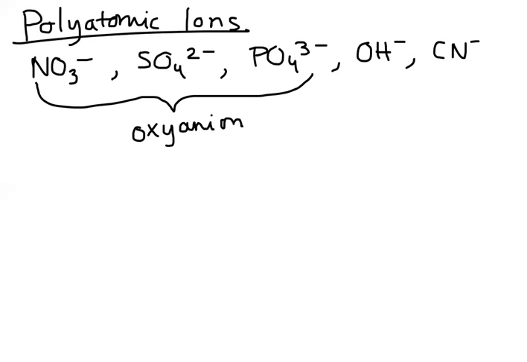Polyatomic ions do tend to be negative. However, there is one very important exception. There are multiple exceptions, but one that you have to know. The positive polyatomic ion, or polyatomic cation, that you have to know is NH4+.